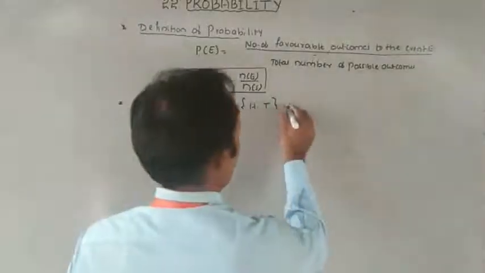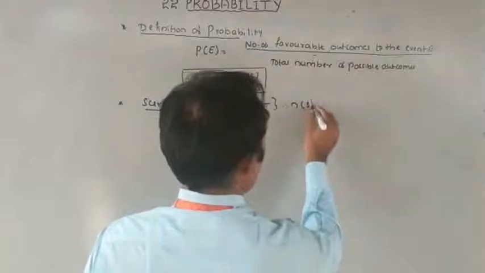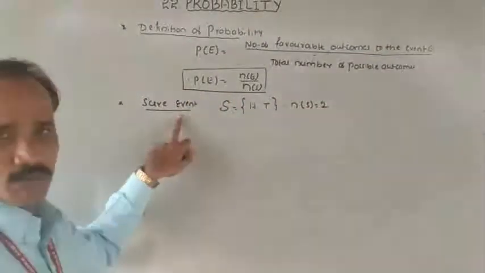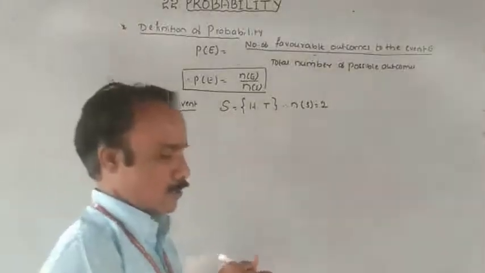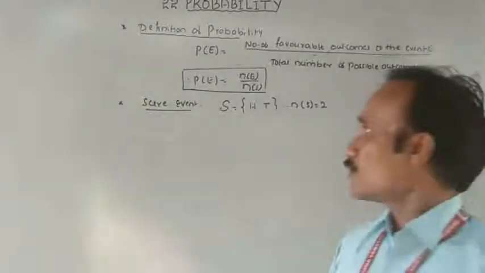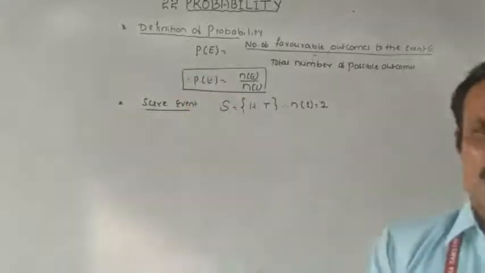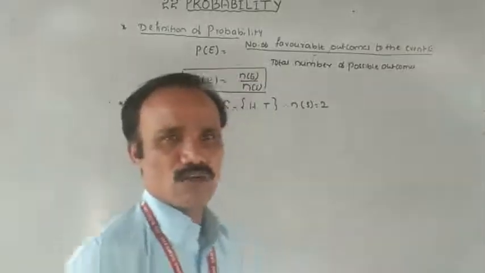What is the value of the total number of possible outcomes? That is 2. Now consider an event. Event means, I told you, a subset of the sample space is called an event. All the subsets of a sample space are called events.